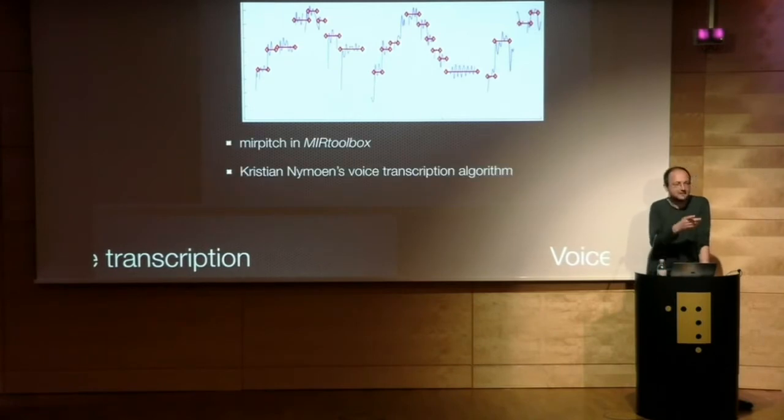And it turns out that Christian Nymoen has developed a nice algorithm for voice, and it was used in particular for this Norwegian folk music. So this is used for this particular case, integrated into the MIRtoolbox that we are developing. And basically, the algorithm will detect the change of pitch. You see you have abrupt changes, and it will detect when there is this abrupt transition of frequencies.